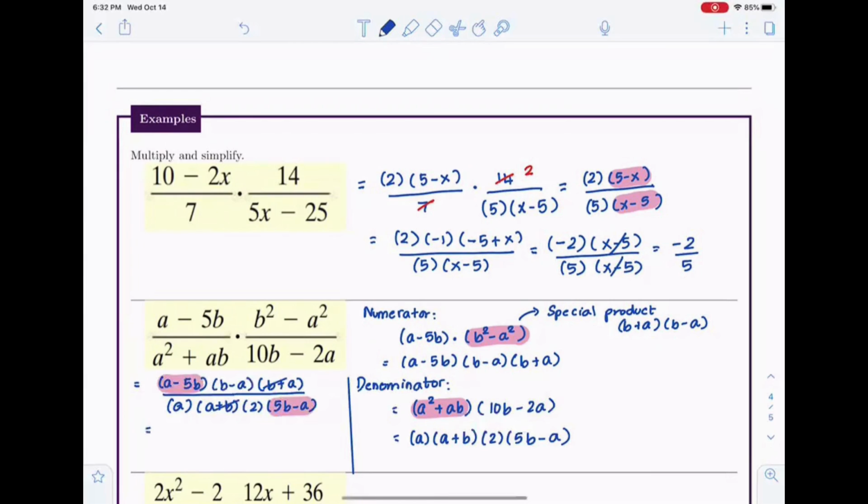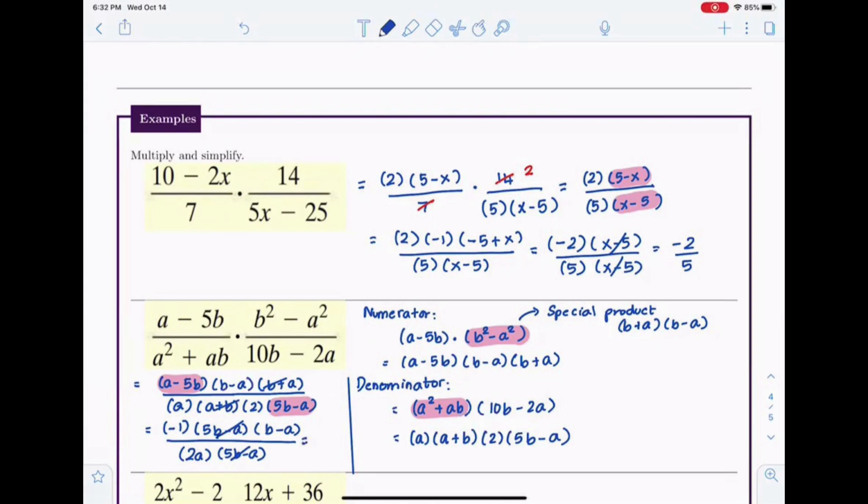I'm just going to pull it from the numerator. So negative 1 multiplied by 5b minus a multiplied by b minus a, divided by a times 2 is 2a and 5b minus a. So those two will get cancelled.